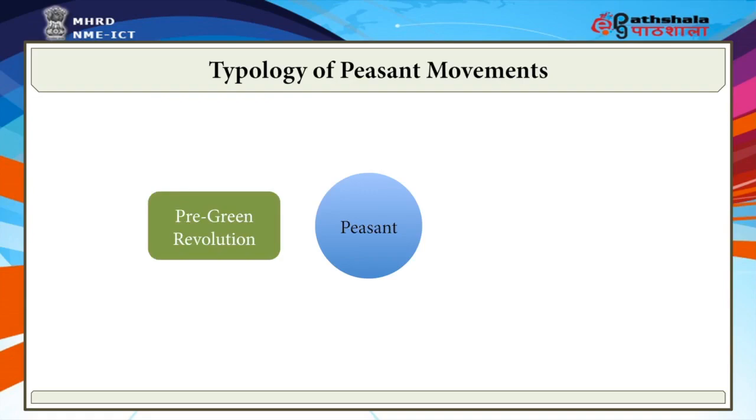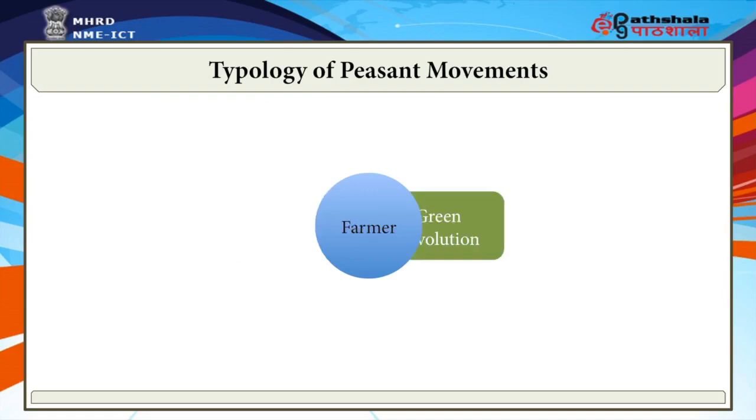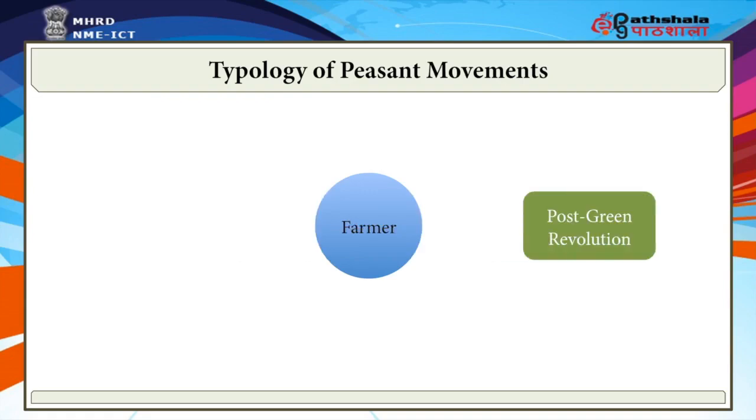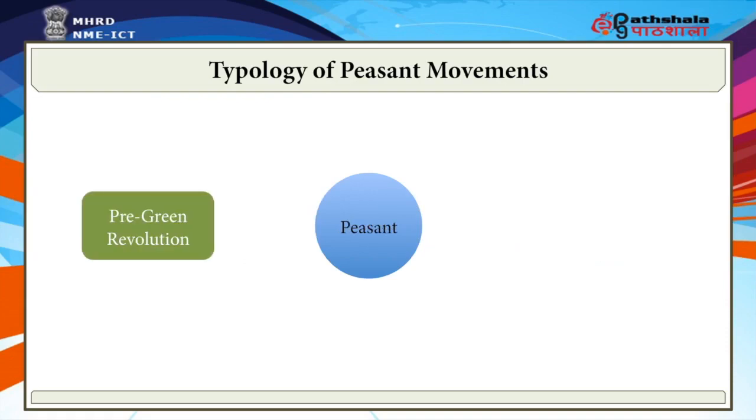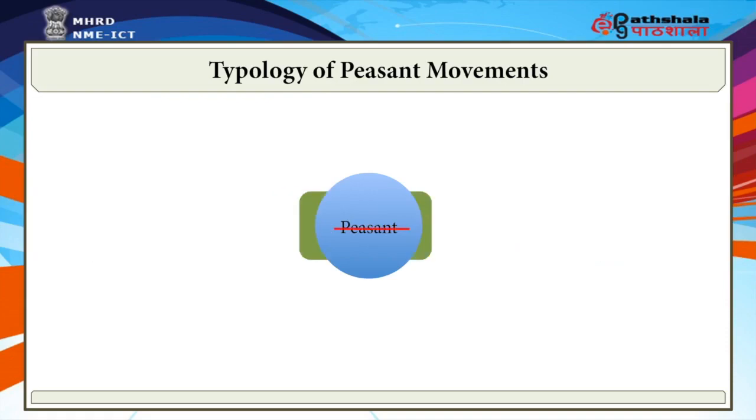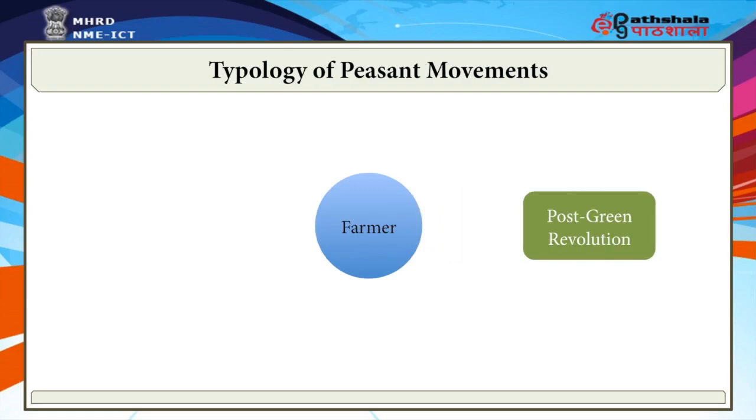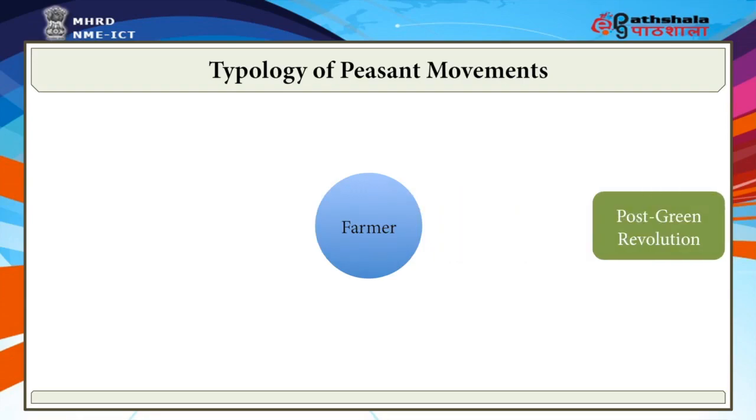This replacement of the peasant by the farmer, however, is not an arbitrary choice on the part of scholars. There is an abundance of literature to justify the conceptual shift in the terminology.